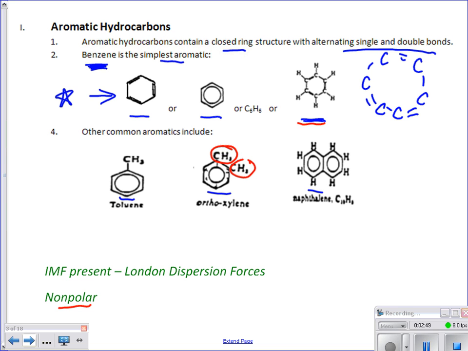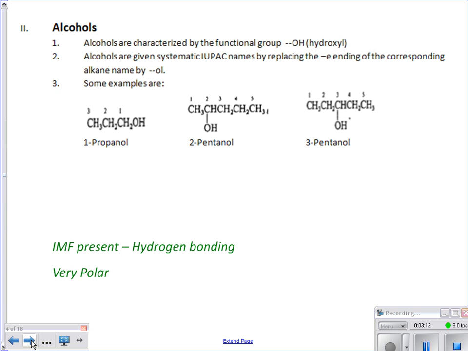So there are no poles on it, no positives and negatives. So it is a nonpolar compound, and remember what that means: the only intermolecular force that is present is going to be London dispersion forces. So very weak intermolecular forces holding those compounds together or next to one another.